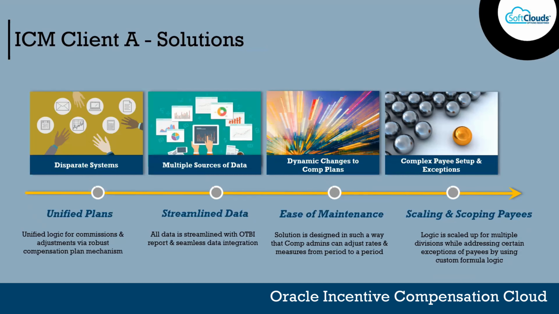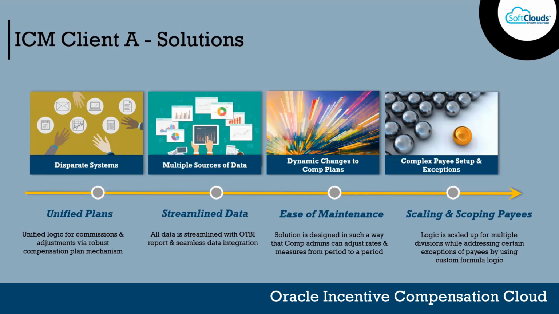And so our solution really did a number of things. We brought together all of these different programs and plans that the company had. We brought all the logic together so that the commissions could be adjusted and done properly during the course of the transactions. We streamlined all the data using business intelligence to give real-time, accurate reports to both the company and the sellers.